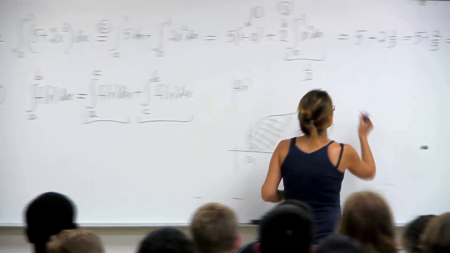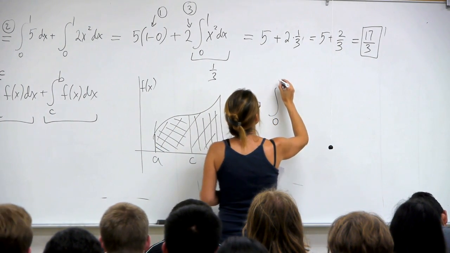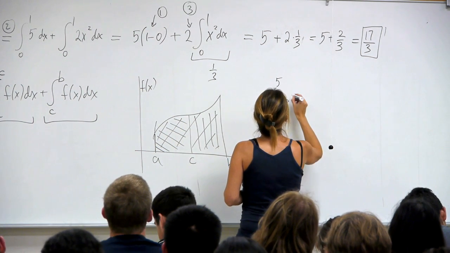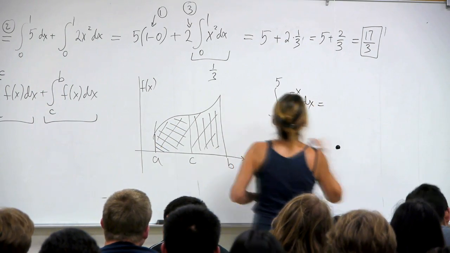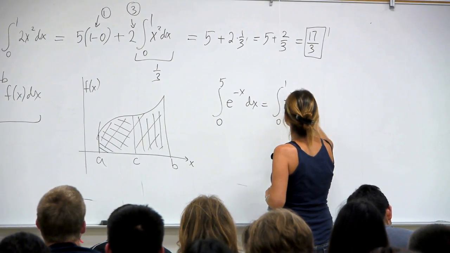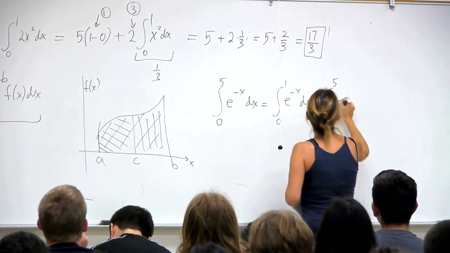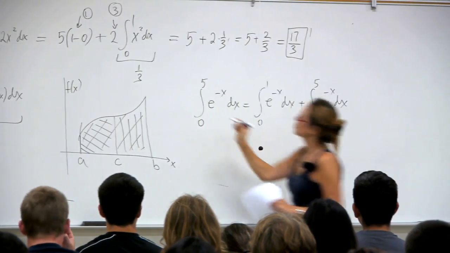As an example, for instance, we can write this down as an integral from 0 to 1, 1 to 5. Okay. So this is an example.